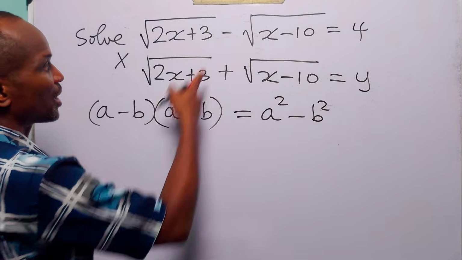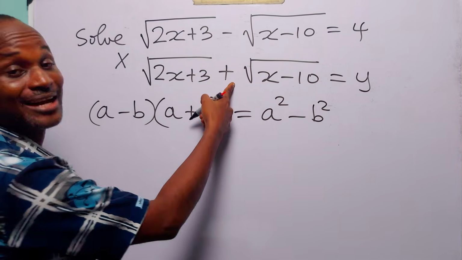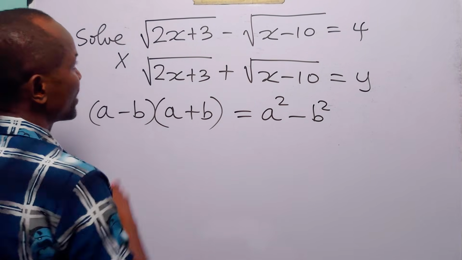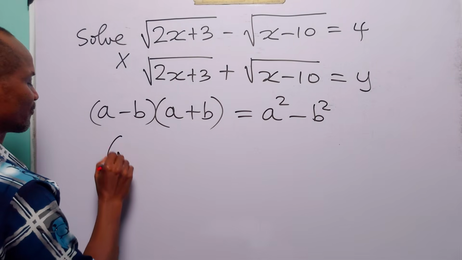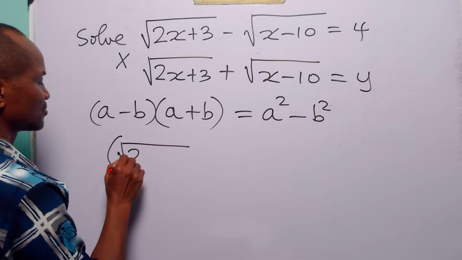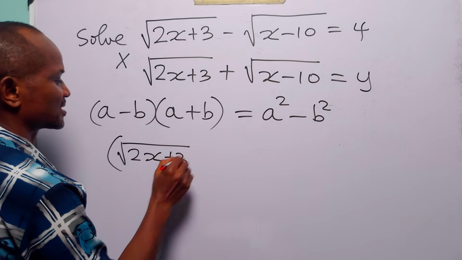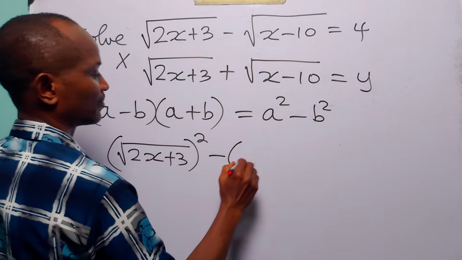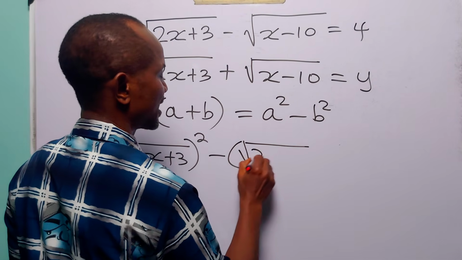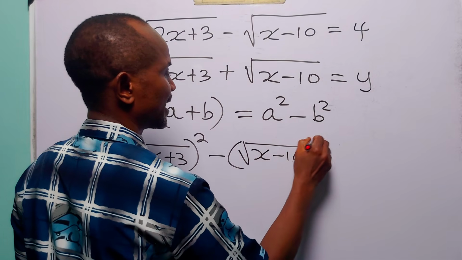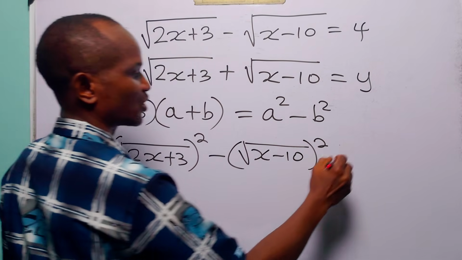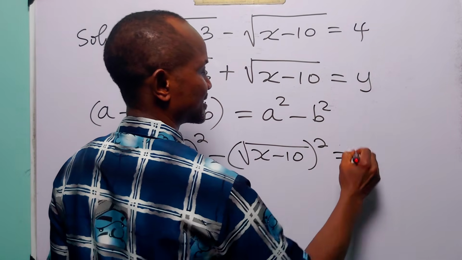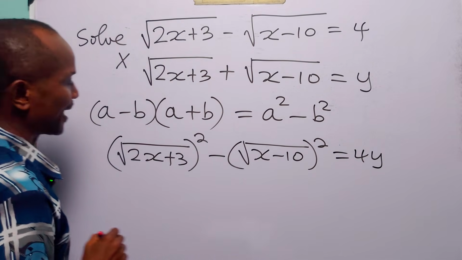So when we multiply the left-hand side of these two equations, we are going to get root 2x plus 3 squared minus root x minus 10 squared. And of course, when we multiply the right-hand side, we have 4y.